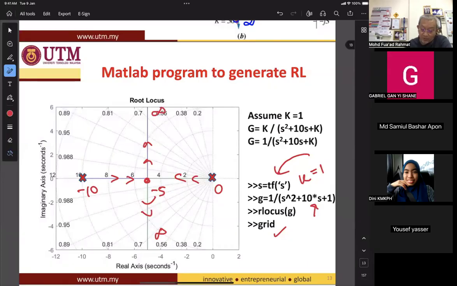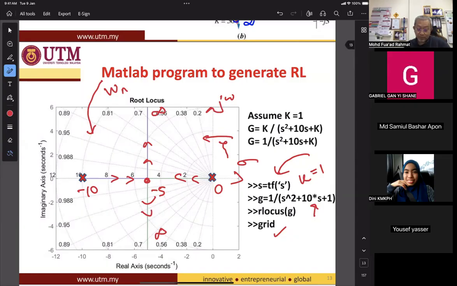So I repeat again. This is the imaginary axis and this is the real axis. Please remember. This straight line from the origin is the zeta line, or damping ratio line, and the circle line in the grid is the omega n line, or undamped natural frequency.